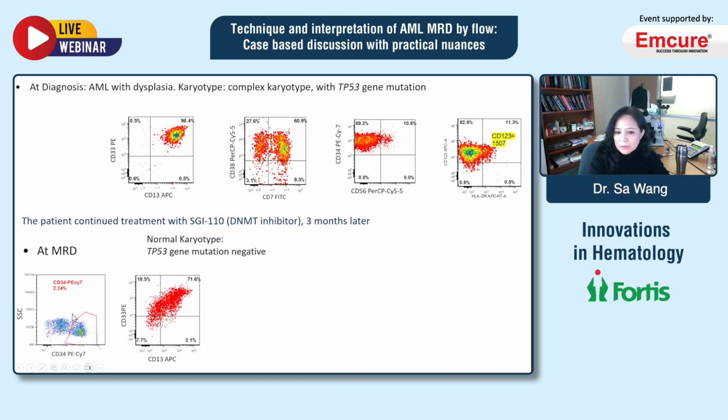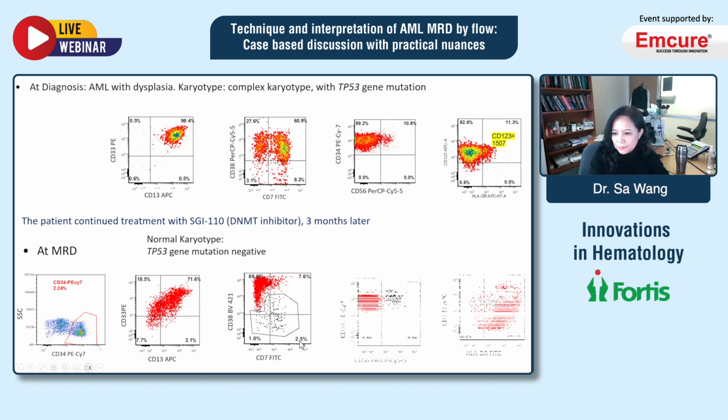But now, after the patient was treated with a small molecule inhibitor, after 3 months, we have cells that look almost like a completely normal pattern, the banana shaped CD13 and CD33. However, the majority are normal, but we did see some CD7 positive cells, and they're on the CD38 dim population.